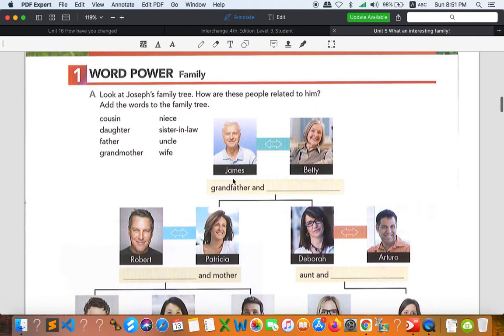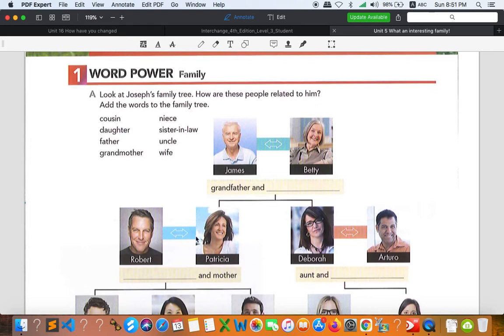For example, the first one, James and Betty. Who is Betty? She is James' wife. So you can say grandfather and grandmother. All right, that is one example. I can give you another one. Right here you can write down grandmother. And after that they have two daughters, Patricia and Deborah, and they both got married, to Robert and Arturo.